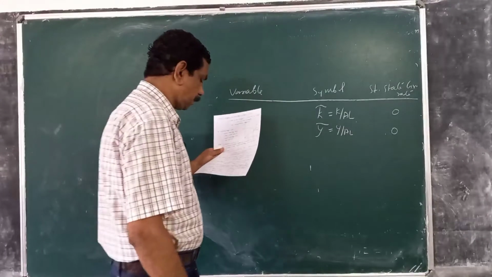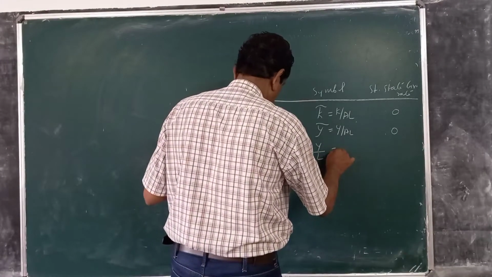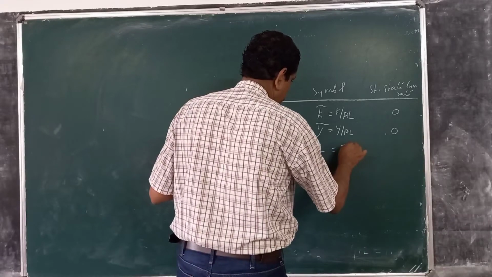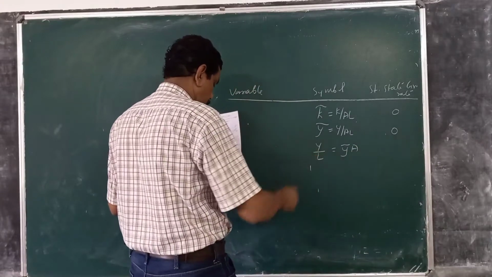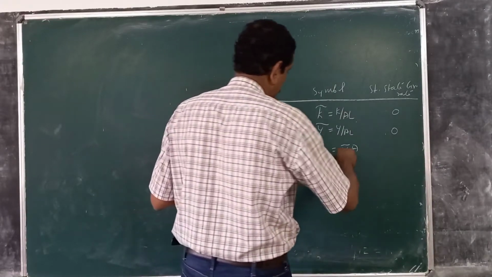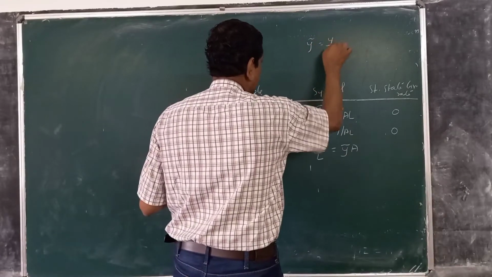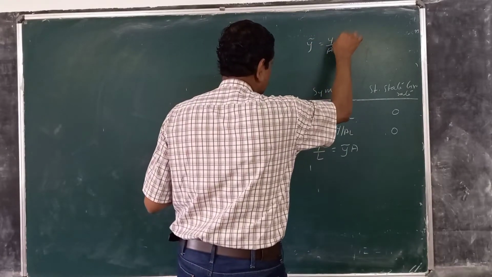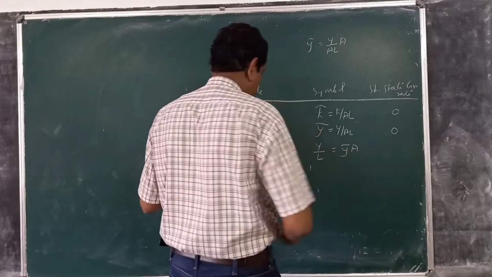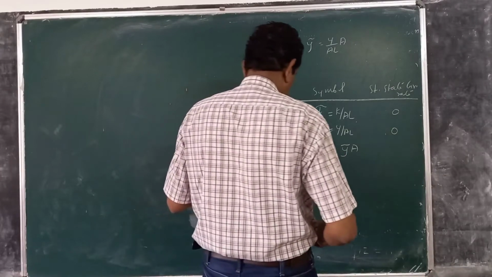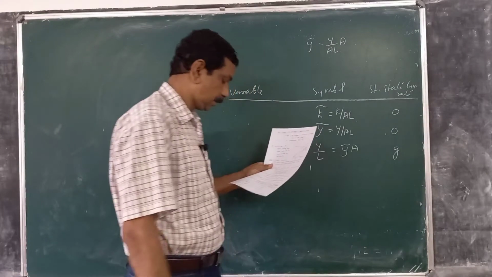Now, output per worker is Y by L, which is equal to Y tilde into A, since Y tilde is equal to Y by AL, and into A gives Y by L. So Y tilde into A, that is Y by L, in the steady state is growing at rate g.